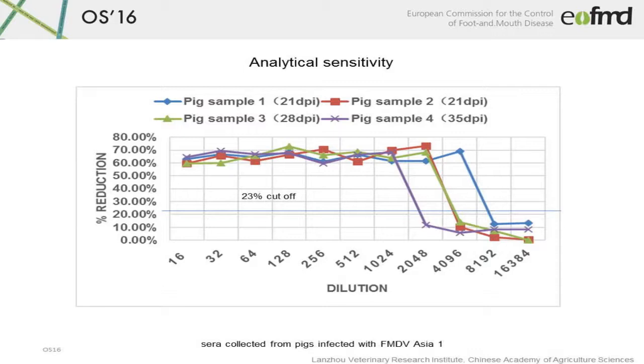Again, we harvest cells 20 hours after infection, extract RNA and do the real-time PCR. From here you can see the sensitivity. They are all positive by the VNT, and you can see the differences match with the VNT. If you have a high titer in the VNT, then you can dilute it further.